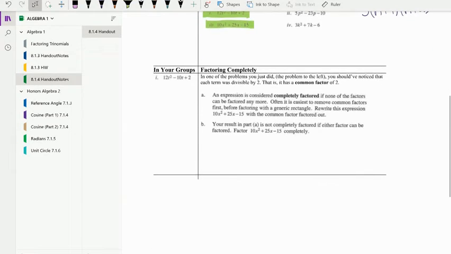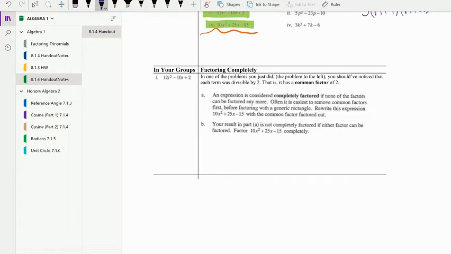All right, so in your groups, but in this case with me, we are going to look at the expression 10x squared plus 25x minus 15, which is the one we just did right here. And we're going to factor that completely.